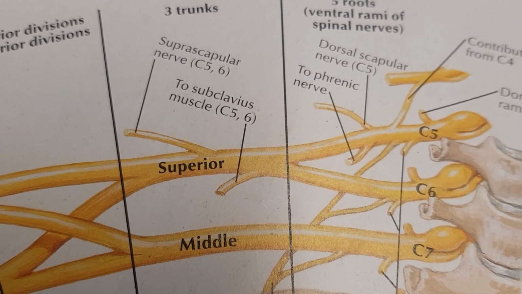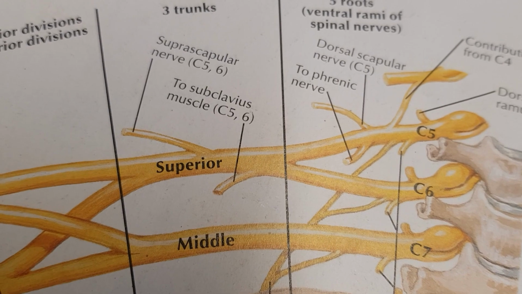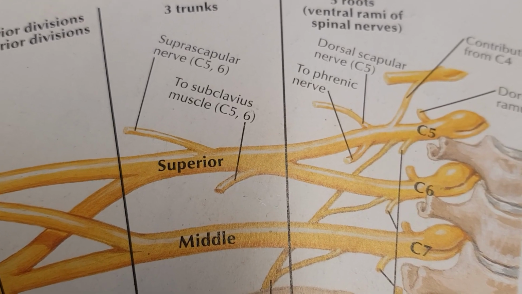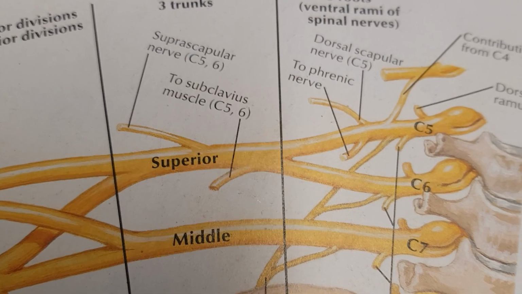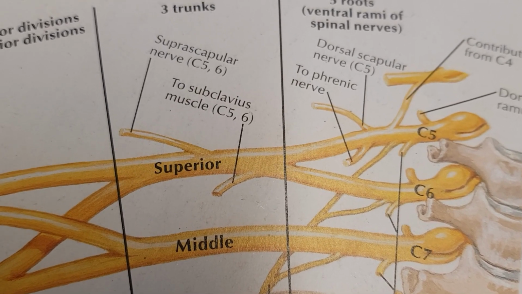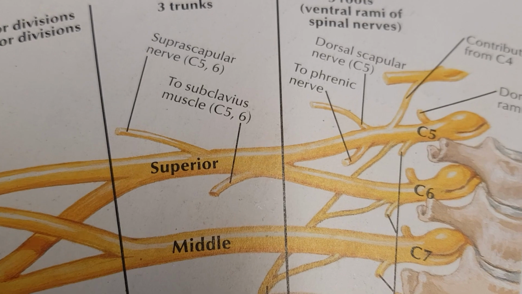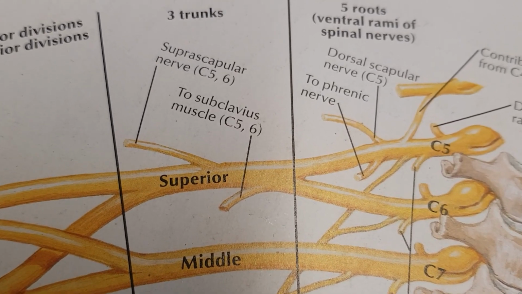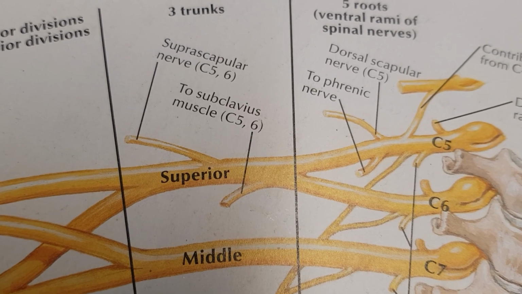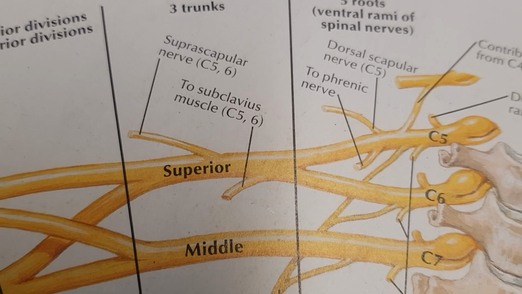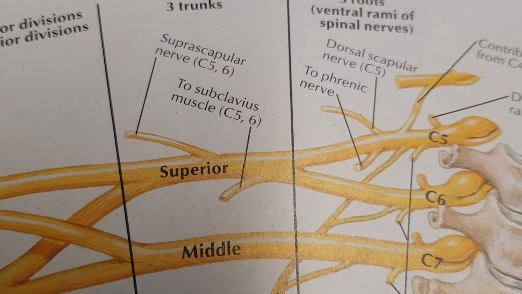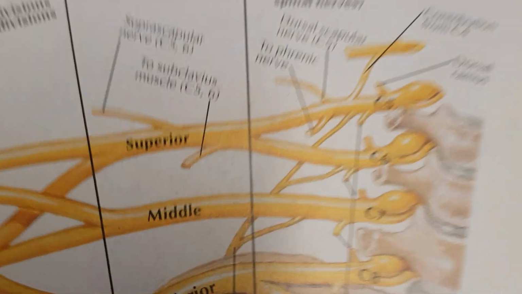And infraspinatus also helps with lateral rotation. All the 4 rotator cuff muscles, the supraspinatus, infraspinatus, teres minor, and subscapularis, function to stabilize the head of the humerus during abduction. When the deltoid muscle helps to abduct the arm, those 4 muscles will help to pull the head of the humerus within the glenoid fossa.